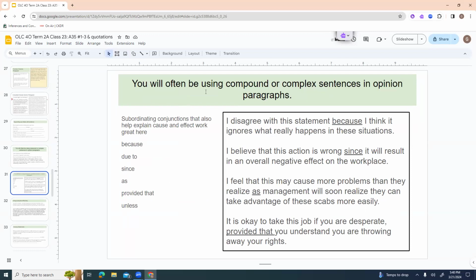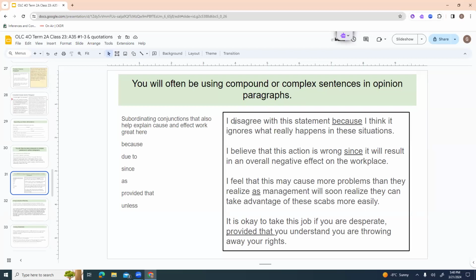So you can also use subordinating conjunctions, right? Remember, those are where you have a dependent clause and an independent clause, and there's a lot of those that help explain cause and effect really well, which is a great thing to use when you're trying to argue your opinion. Because, due to, since, as, provided that, unless. So here are some examples of using those kinds of statements.